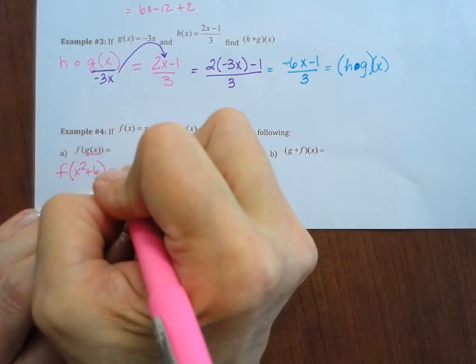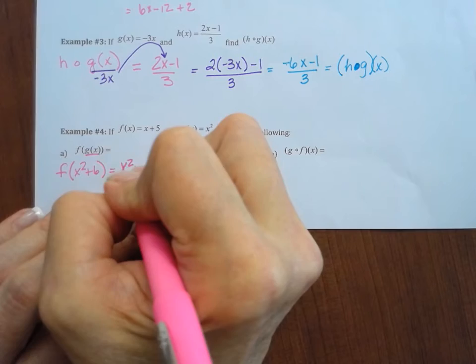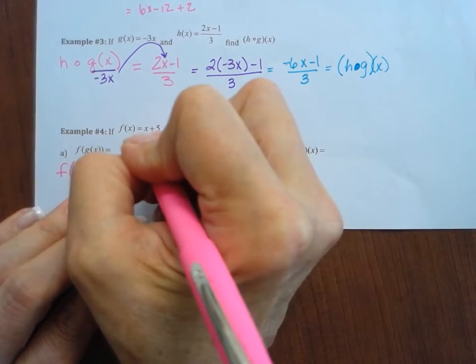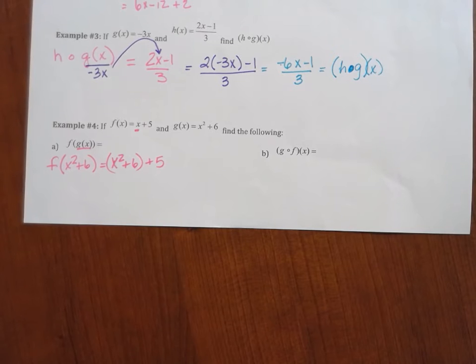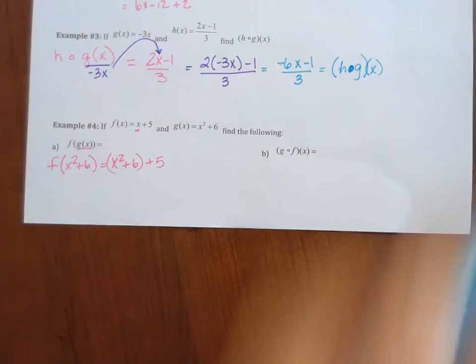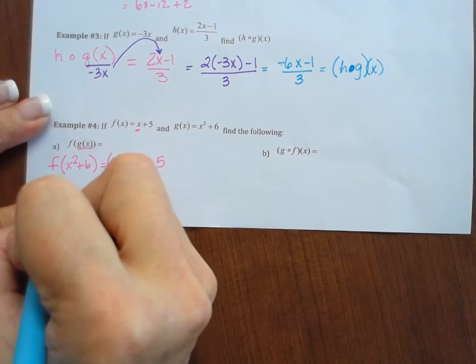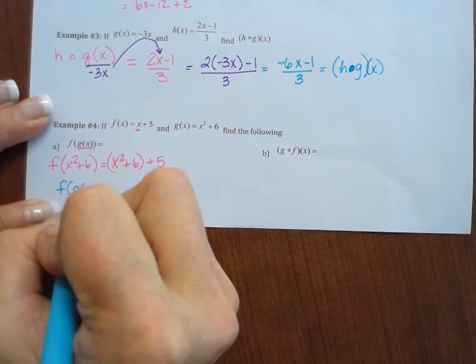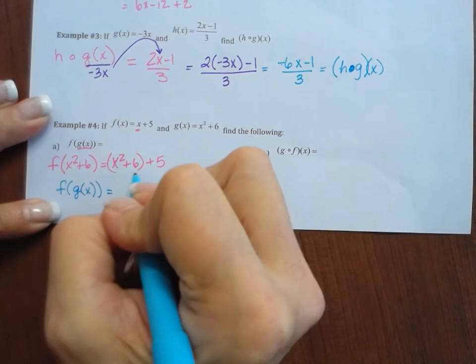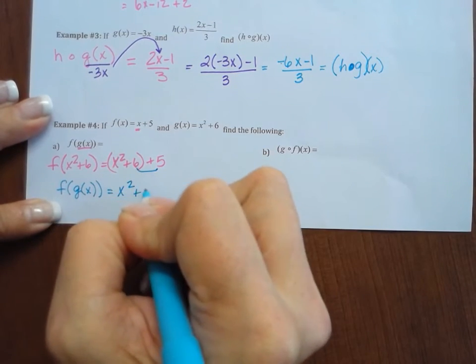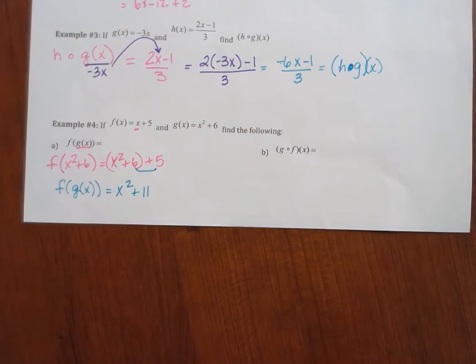So that means I get x squared plus 6 plus 5. Agreed? So that means my f of g of x is just, because I just have to combine those two, x squared plus 11.